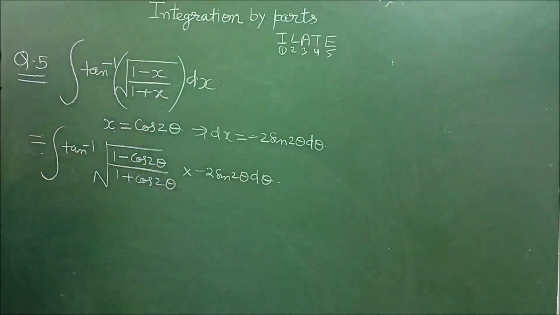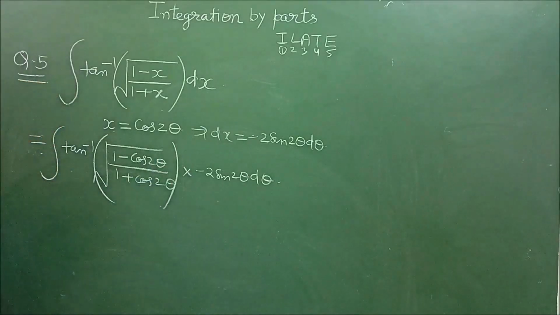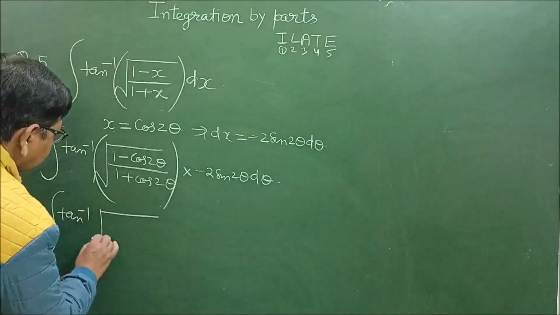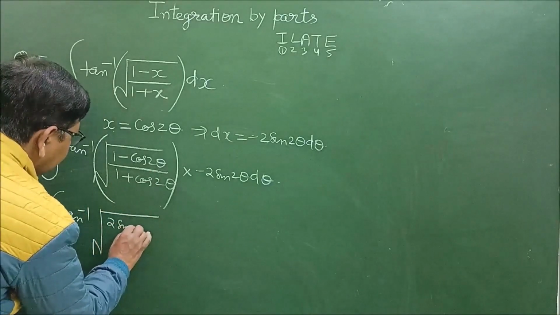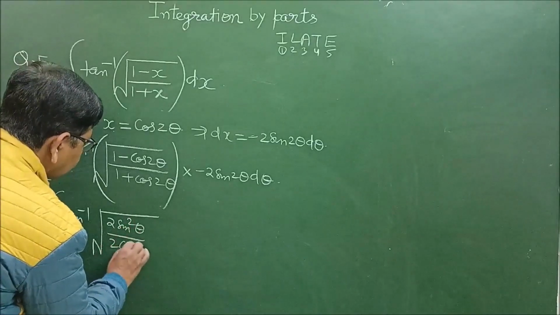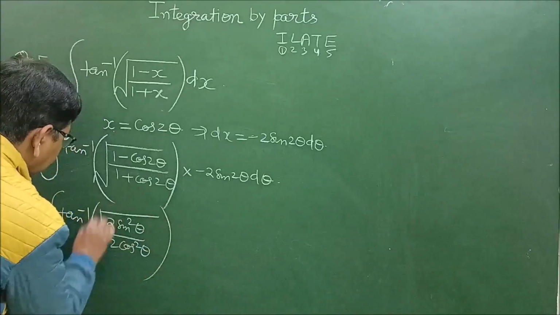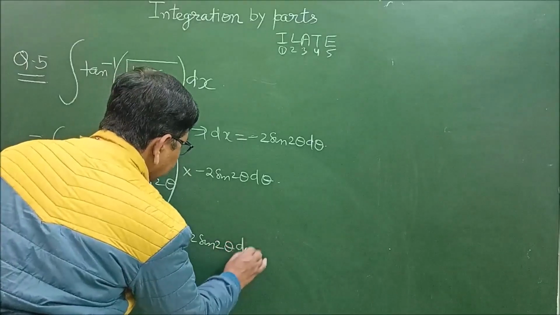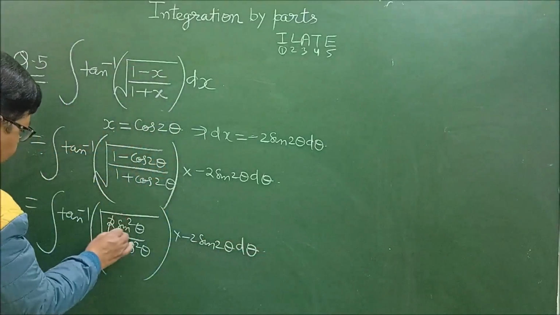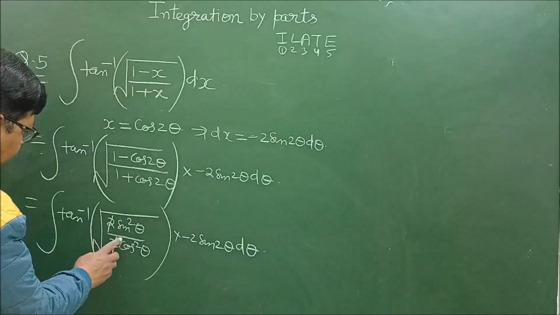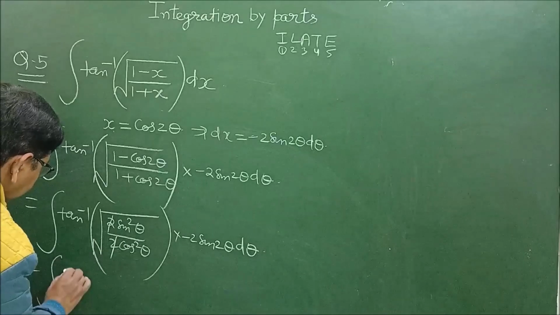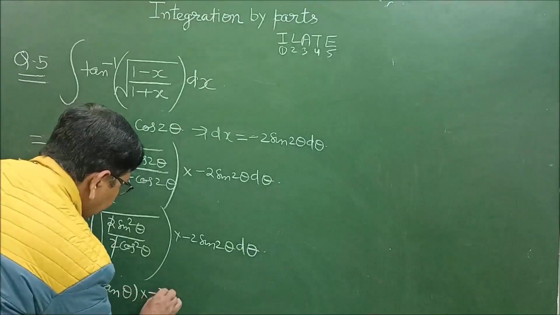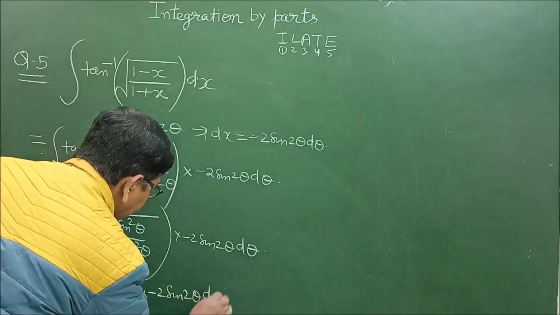Now solving it further, this is equal to integral of tan inverse root of 1 minus cos 2 theta, which is 2 sin square theta, upon 2 cos square theta, into minus 2 sin 2 theta d theta. Now this 2 and 2 get cancelled, sin square upon cos square means tan square, so we get integration of tan inverse tan theta into minus 2 sin 2 theta d theta.